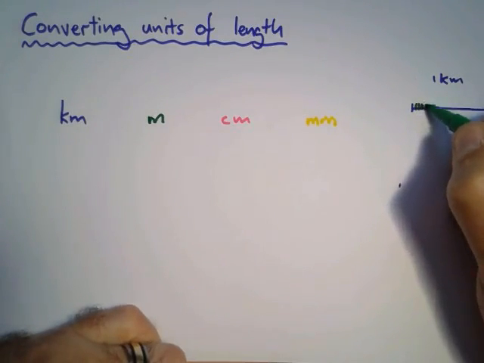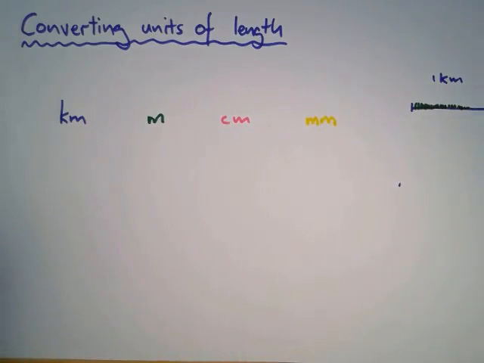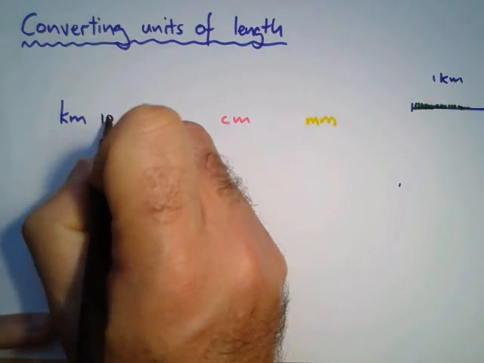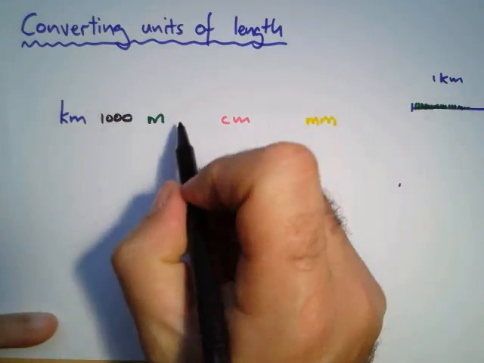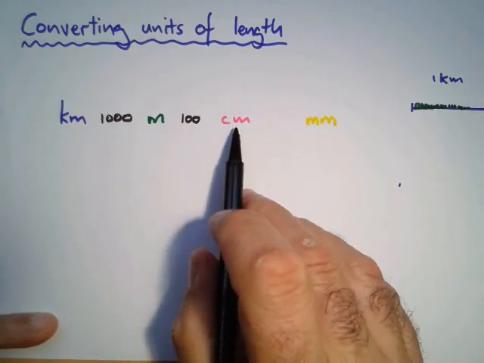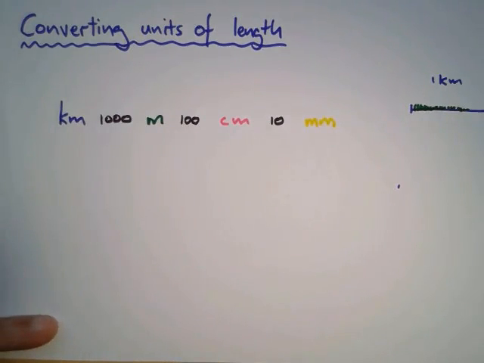So in this 1 kilometer, there's 1,000 meters in there. Okay, so we know that in 1 kilometer, we have 1,000 meters. In 1 meter, I have 100 centimeters. And in 1 centimeter, I have 10 millimeters.